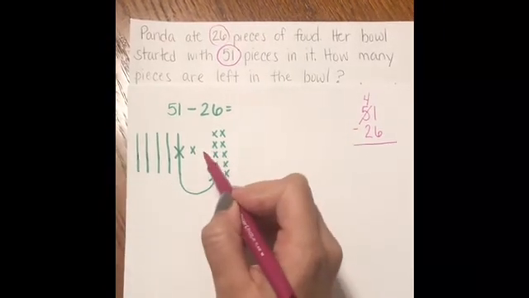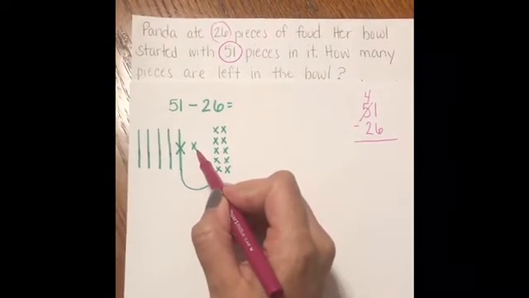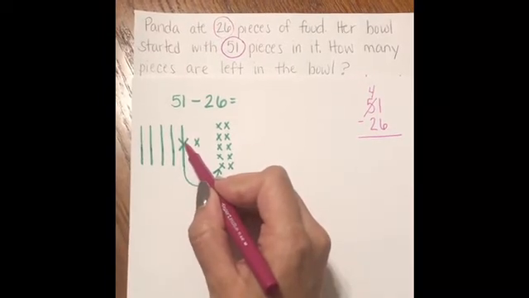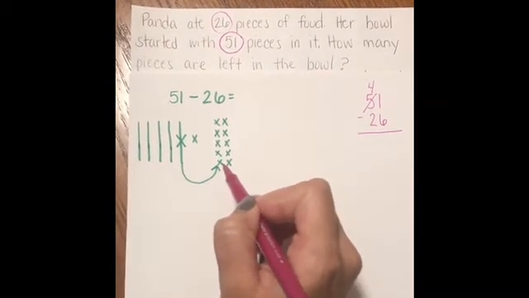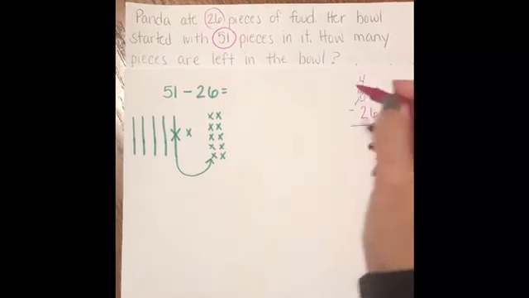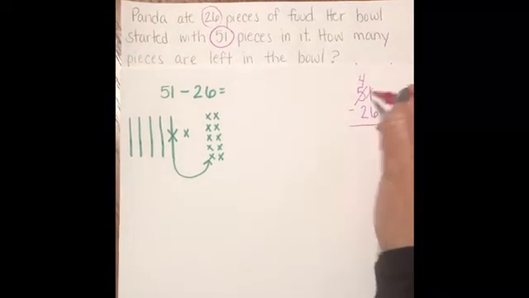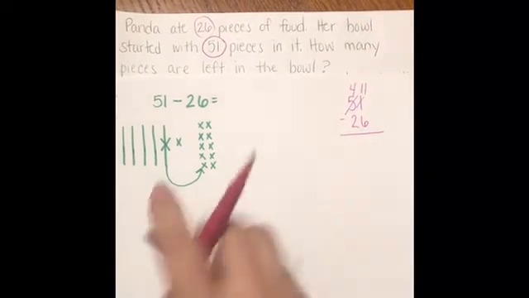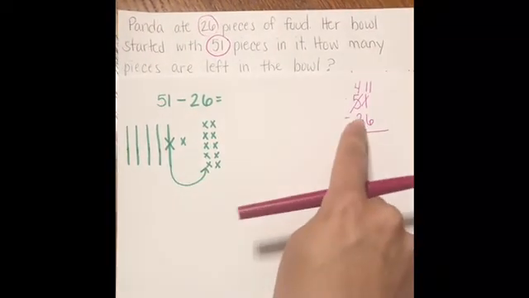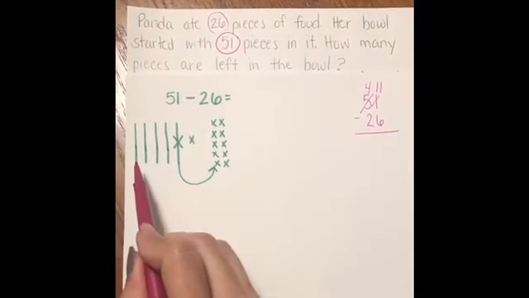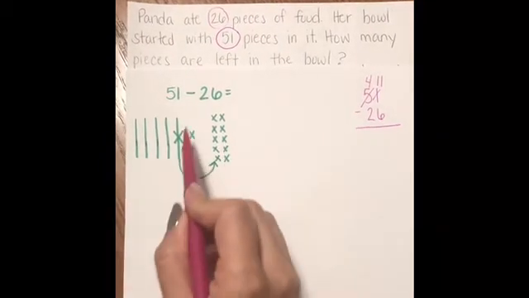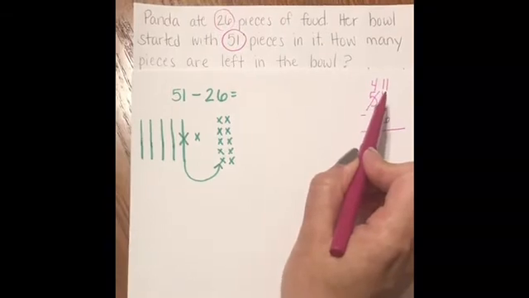Okay, and I did have only 1 cube, but now that I've traded or regrouped this 1 rod into 10 more, I have 1 plus 10, and 1 plus 10 is not 1, it is now 11. So now my picture matches my numbers here. I have 40 in my tens, 4 tens, and I have 11 cubes.